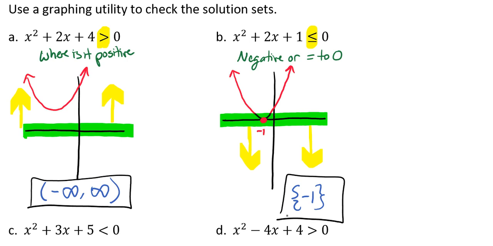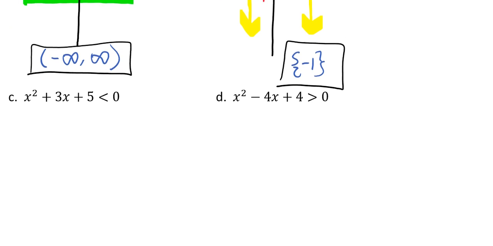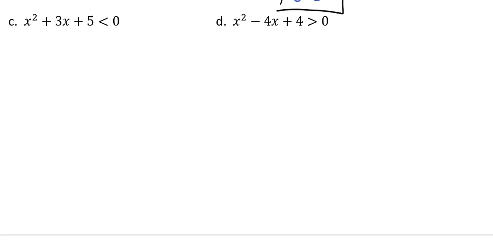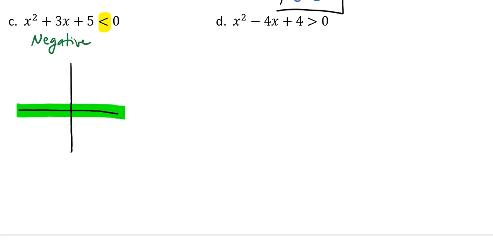Let's take a look at another unique and unusual solution set. So here we're going to take a look at x squared plus 3x plus 5 is less than 0. So here we're looking for only negative, meaning that if this was my graph, I just care about what is below the x-axis.